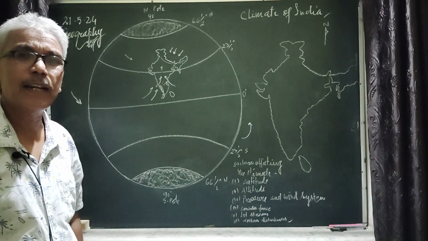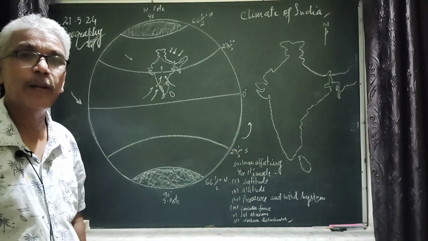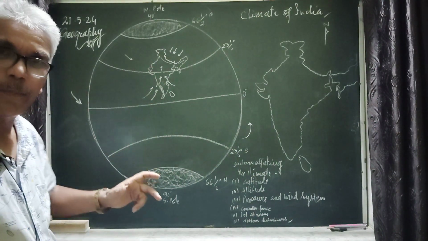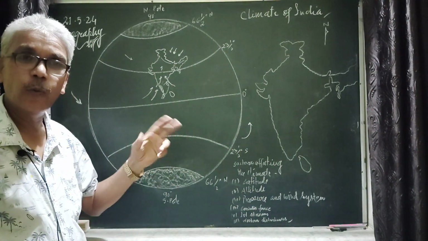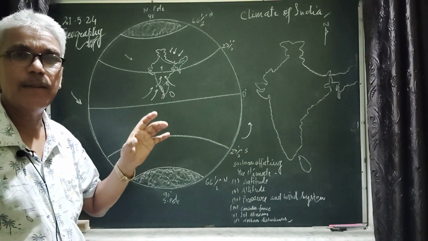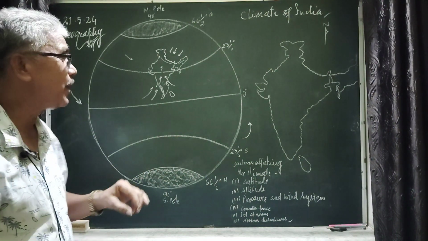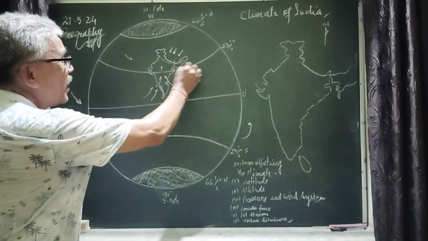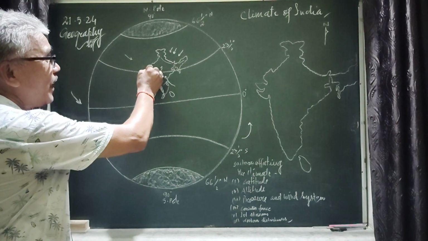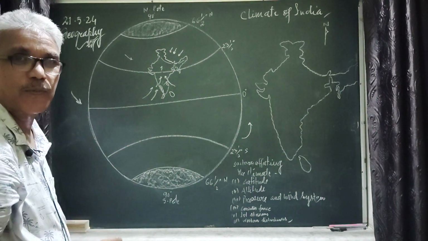Pressure and wind system also affect the climate of India. As we know, the higher the temperature, the lower the pressure, and the lower the temperature, the higher the pressure, because there is a reverse relationship between temperature and pressure. During summer, the Tropic of Cancer divides India into almost two equal halves.